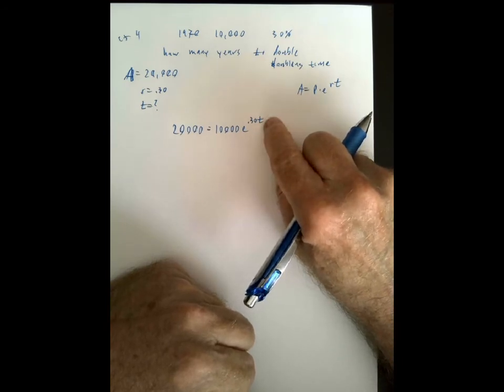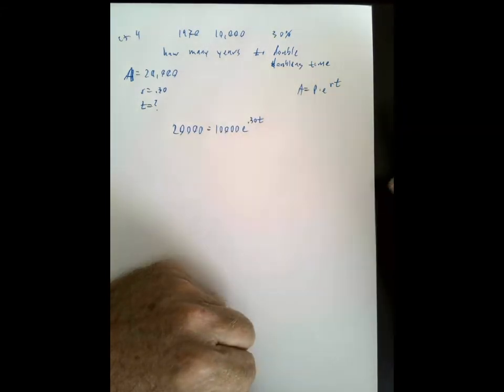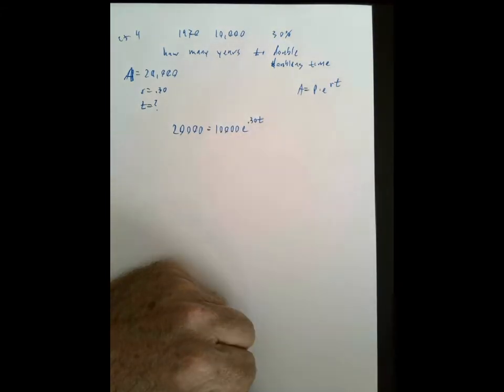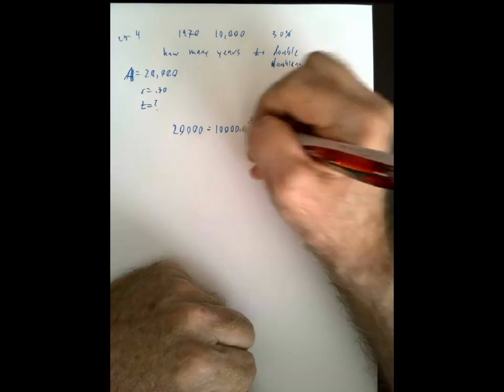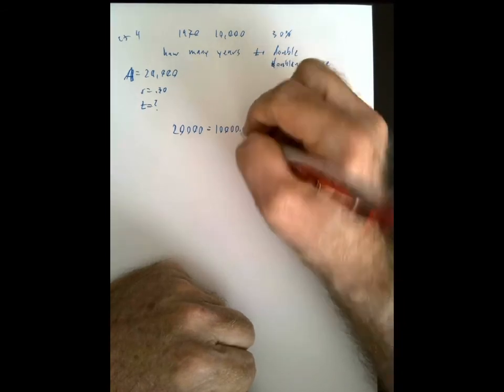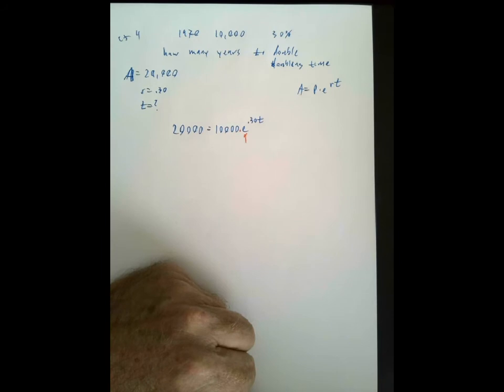Oops, sorry, it's not the first thing we do. The first thing we do is we isolate the exponential part by dividing both sides by 10,000, right?